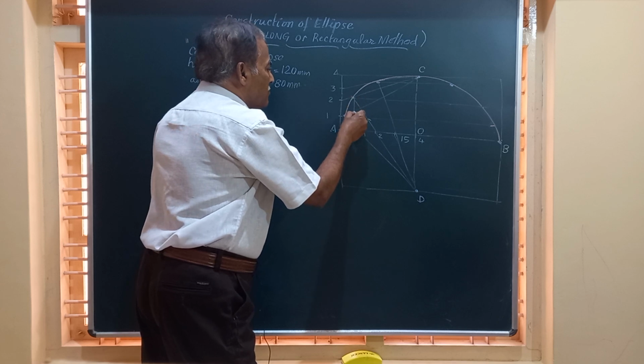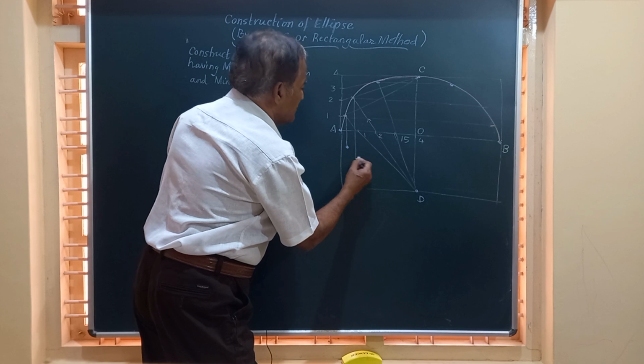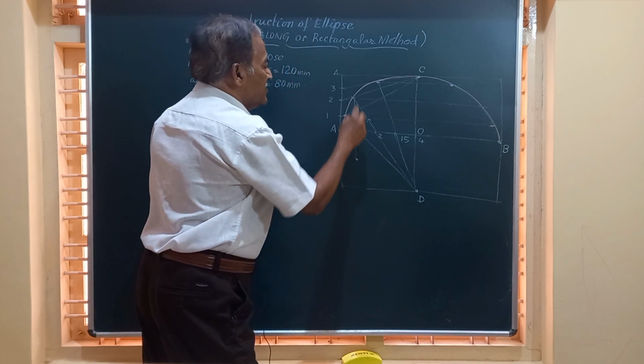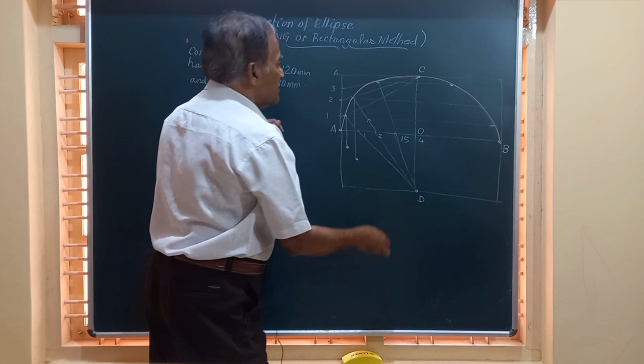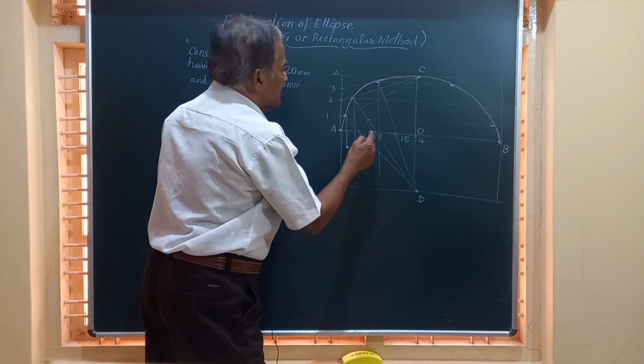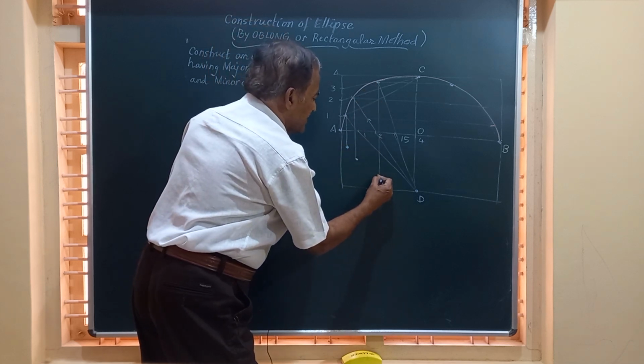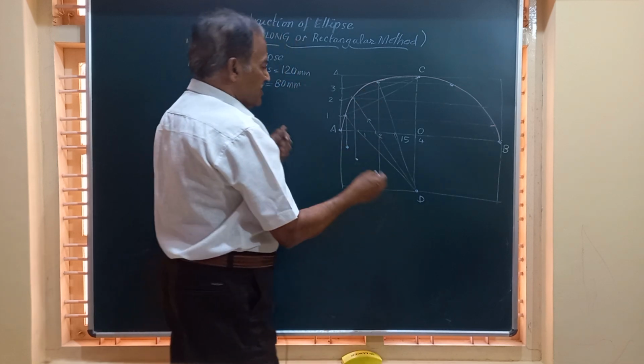Similarly from here, mark a vertical line and take the distance on this. The distance from here to here is equal to this. Similarly, from this point, draw a vertical line and take the distance between 2 and that point and mark it here. Friends, we got all these points.